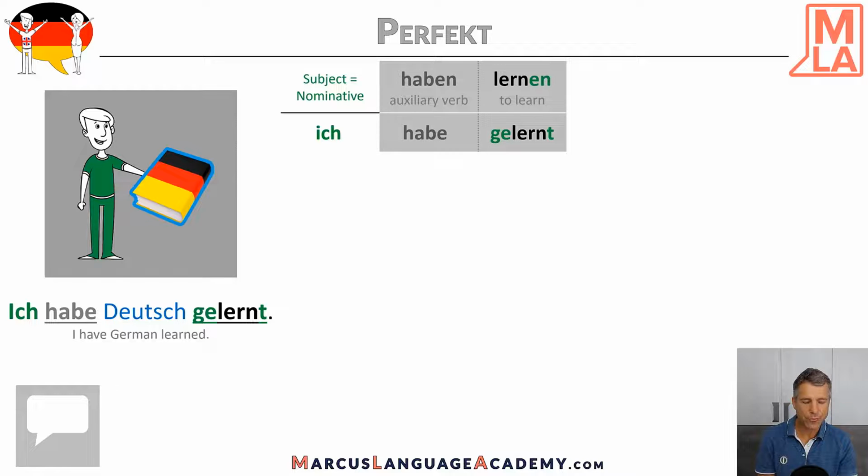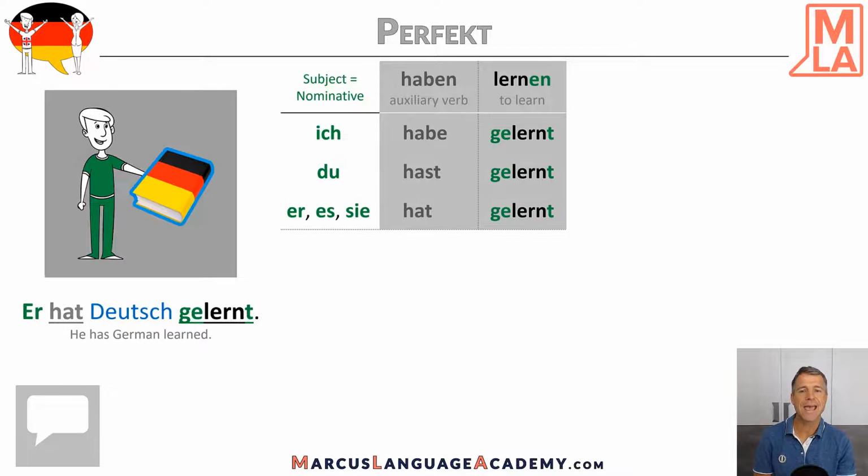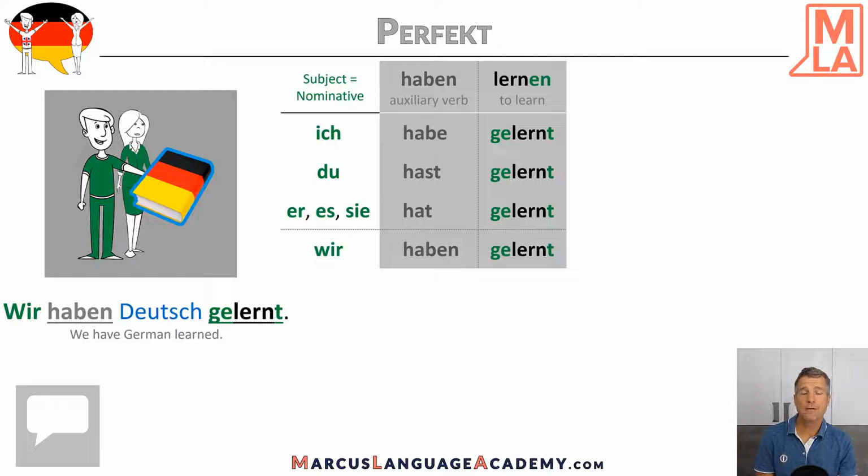And in second person it's du hast Deutsch gelernt. Du hast gelernt. So the participle doesn't change like in English, it stays learned, but the auxiliary verb changes. Du hast. In third person it would be er hat gelernt. Er hat Deutsch gelernt. Im Plural, wir haben gelernt, wir haben Deutsch gelernt.